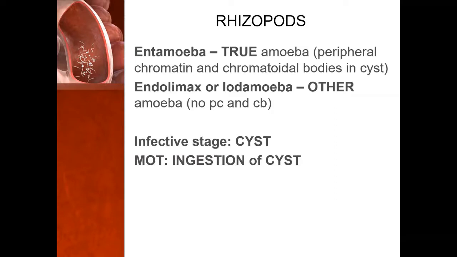So if all of the Entamoeba species are true amoeba, what about Endolimax and Iodamoeba? They are the other amoeba because they don't have the peripheral chromatin and the chromatoidal bodies in their cyst. The infective stage is the cyst, while the mode of transmission is ingestion of cyst.